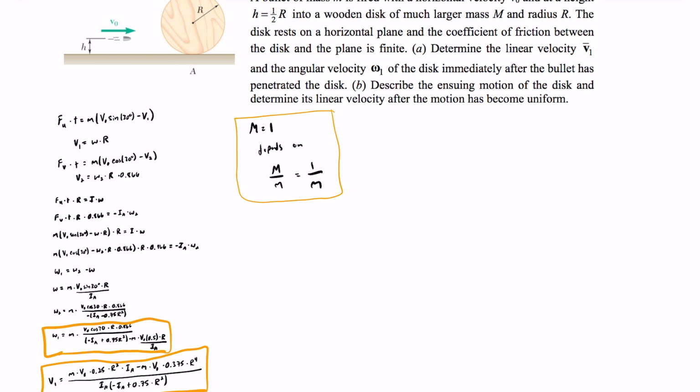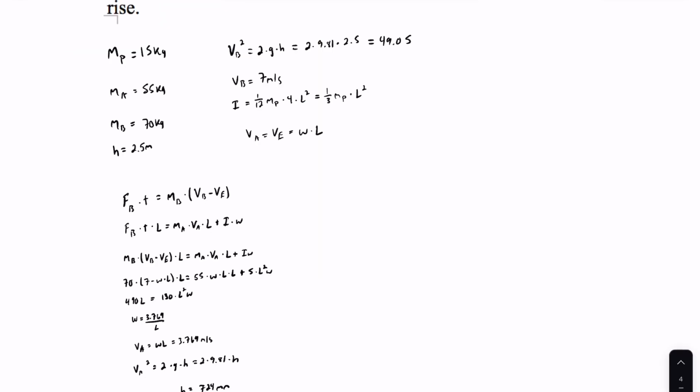And then you get omega 1 equals mass times v naught cosine 30 times R times 0.866 divided by negative I_A plus 0.75 R squared, minus m times v naught times 0.5 times R divided by I_A, and then you get v1.